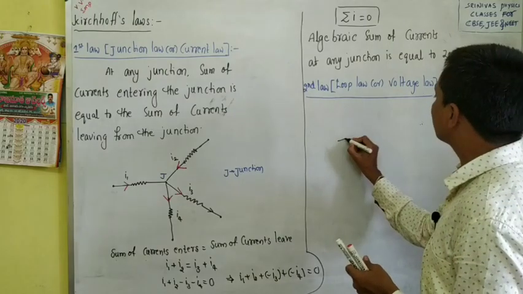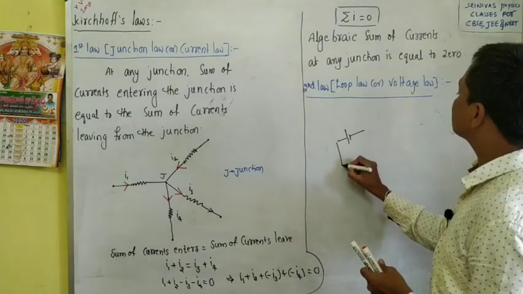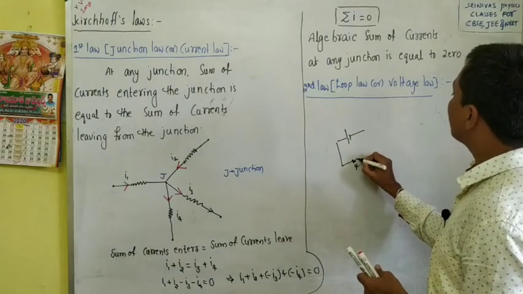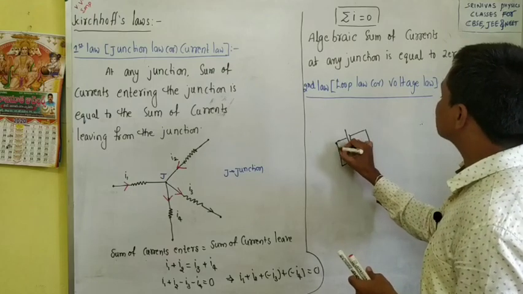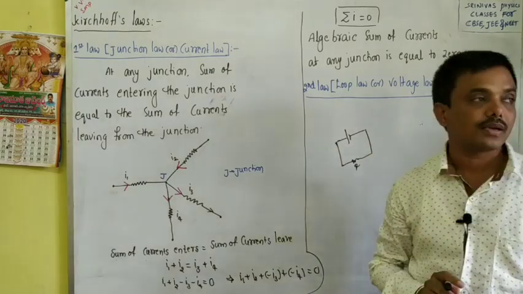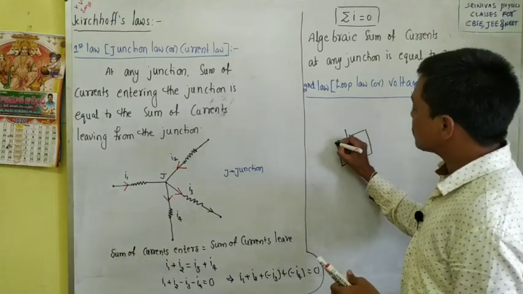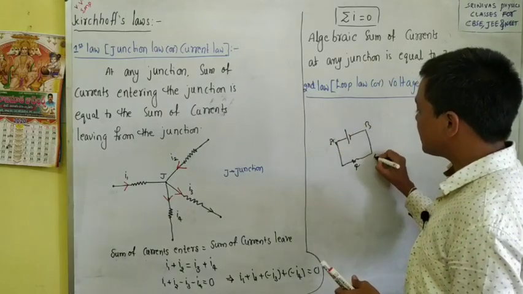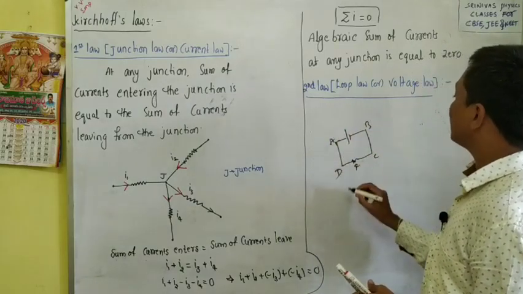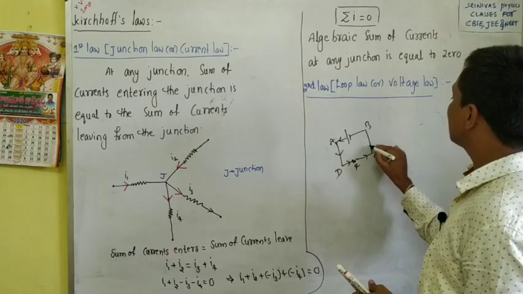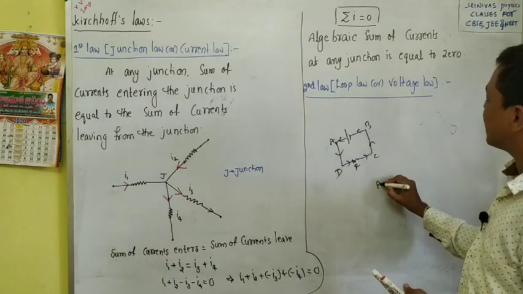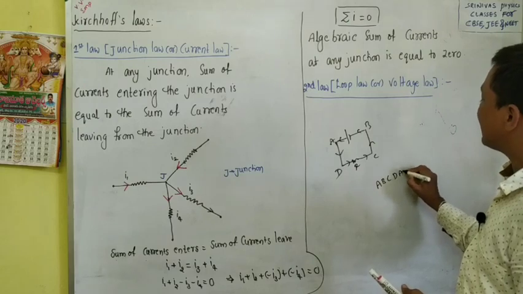What is a loop? For example, this is a cell and this is a resistance, and any closed circuit like this is said to be a loop. Say this is A, B, C, D, A. The current starts like this and goes like this, and we check A, B, C, D, A is a loop.